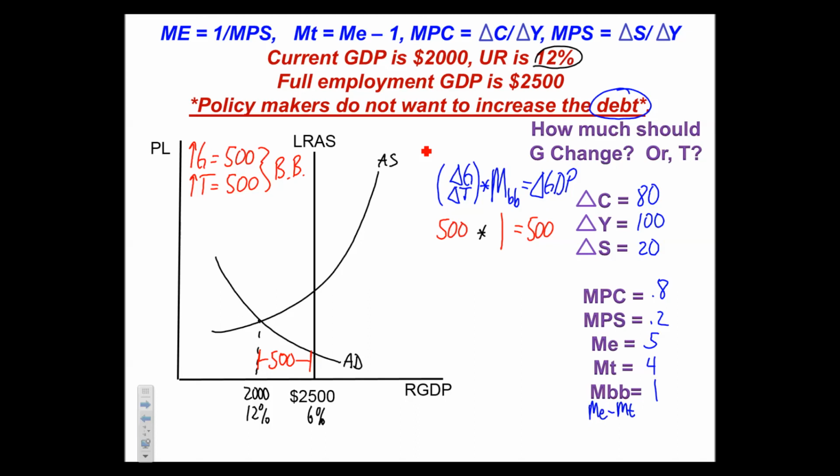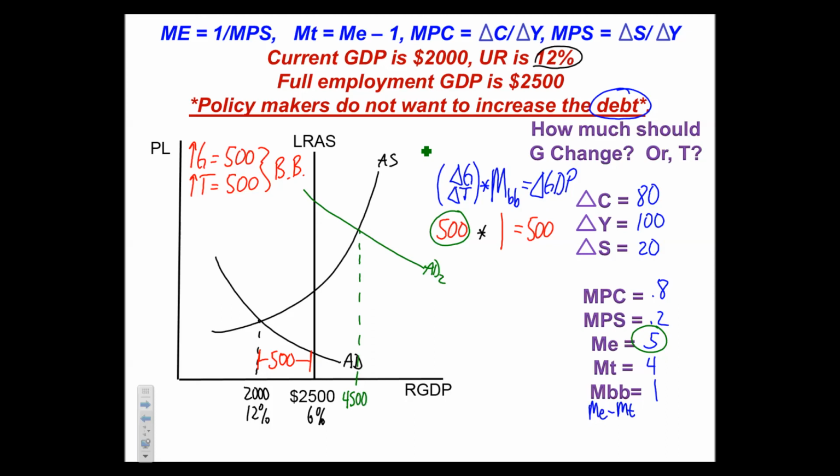So let me show you why it's always 1. What I'm going to do is increase GDP by 5 times 500, because that's going to be our expenditure multiplier. So 5 times 500 is 2,500. So I'm going to say it goes way over here, and this would be a level of GDP, if it increased by 2,500, this is 4,500.